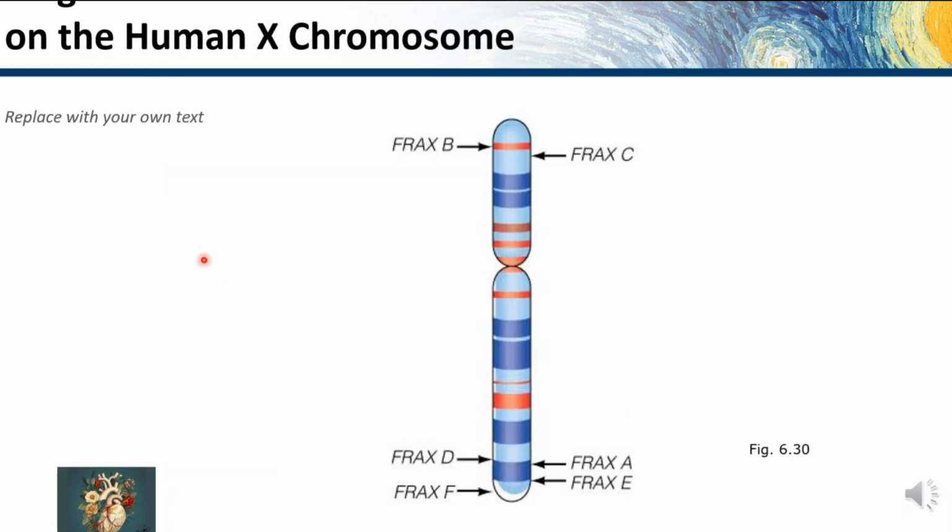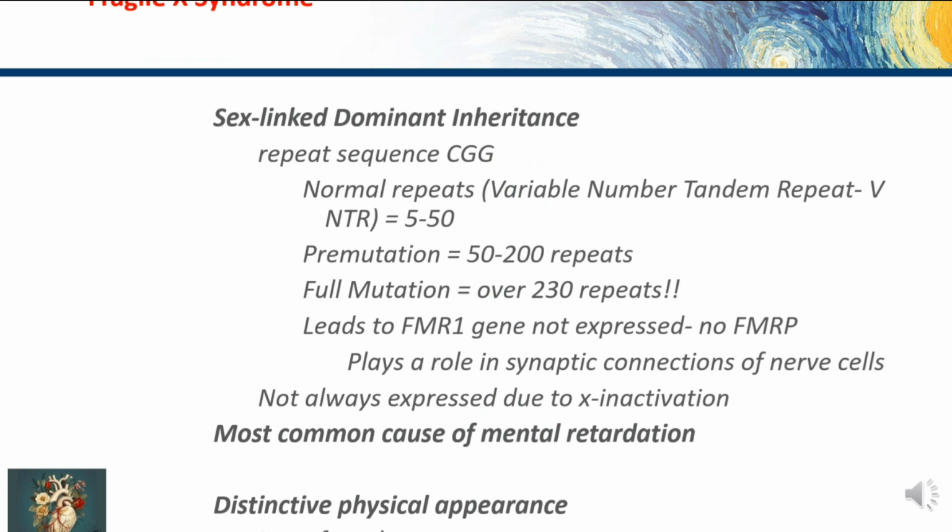Fragile sites are more commonly found on the human X chromosome, and these are the different regions: the fragile site X, B site, C locus, fragile A and E, and D and F loci. These are different loci present on the X chromosome. In X-linked dominant inheritance, there is a CGG repeat sequence.